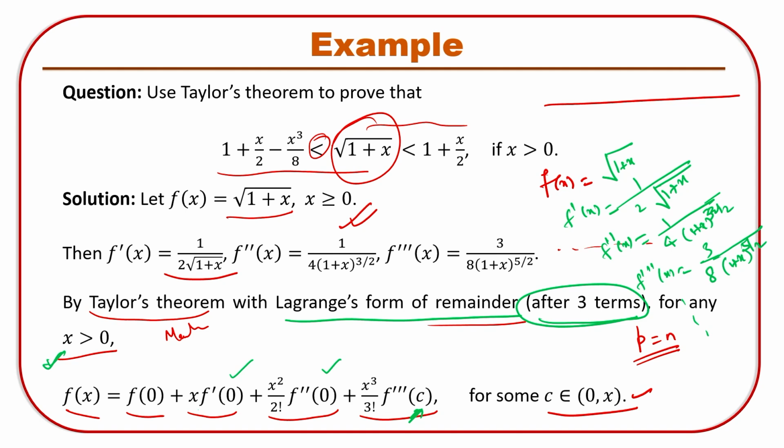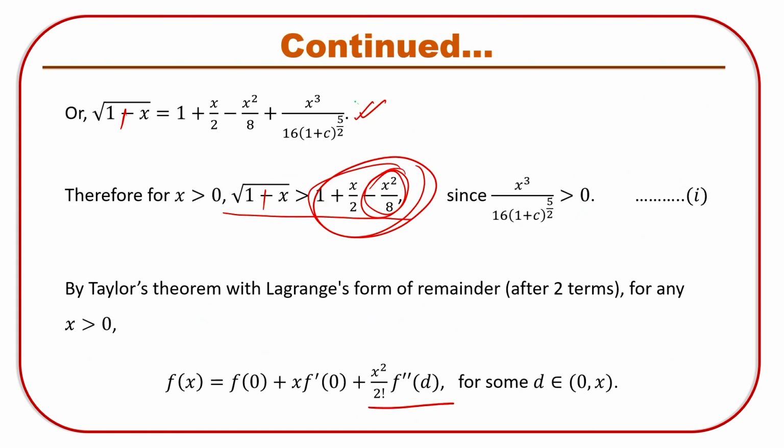So, f of x is the square root of 1 plus x, and f of 0 is 1, plus x into f dash of 0, which is 1 by 2, plus x square by factorial 2 f double dash of 0, which is x square by 4, so this comes out to be minus x square by 8, and plus x cube, and so on.